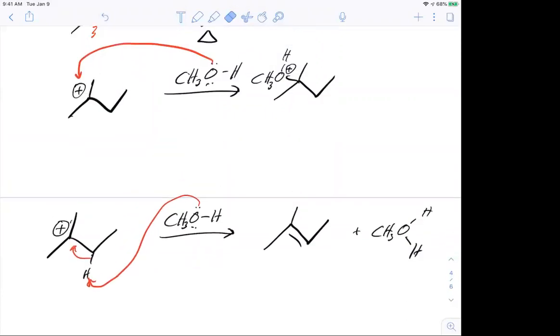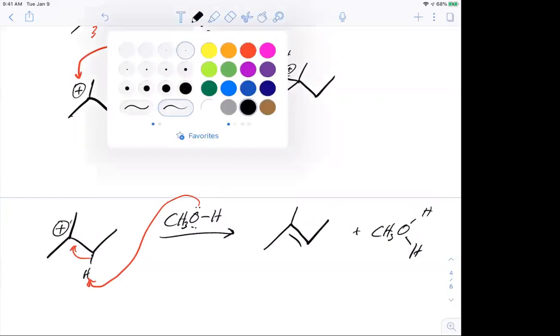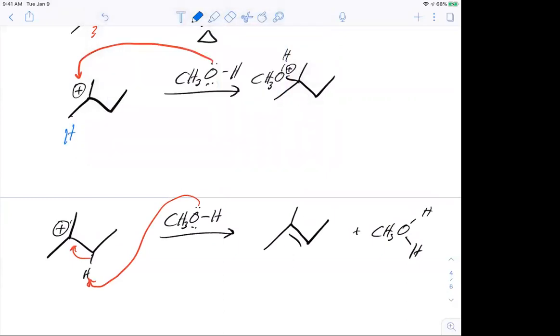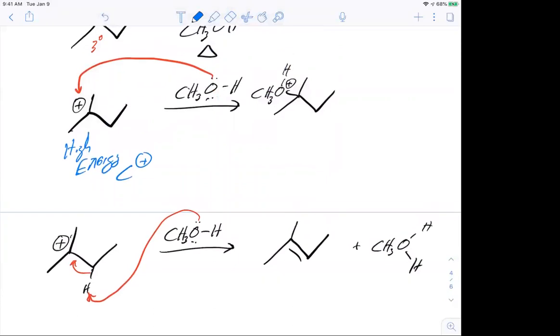Because of the high energy carbocation, both of these could occur.